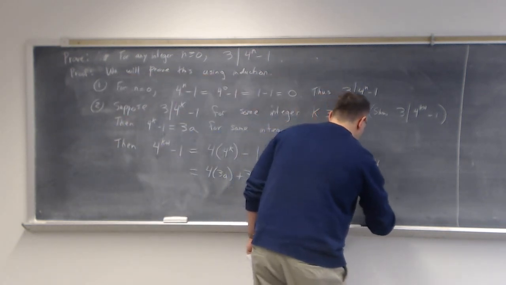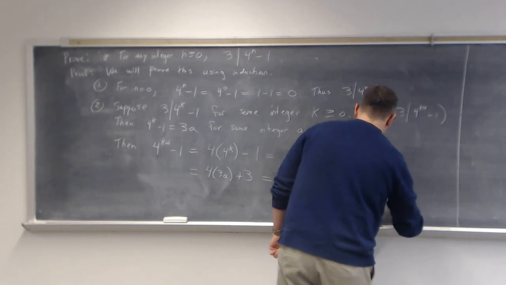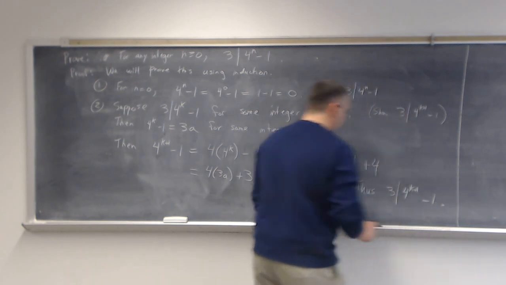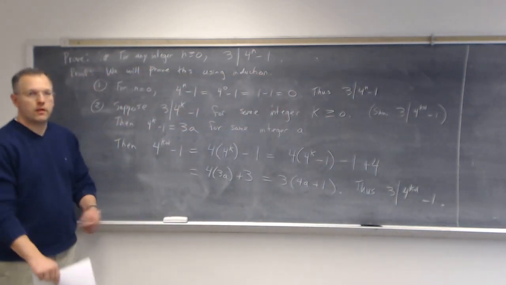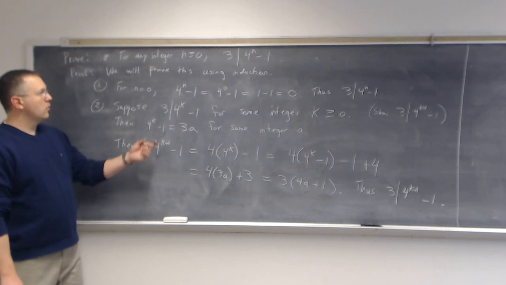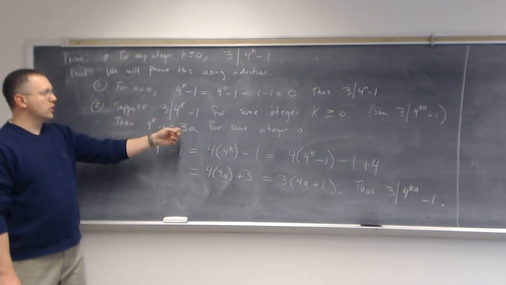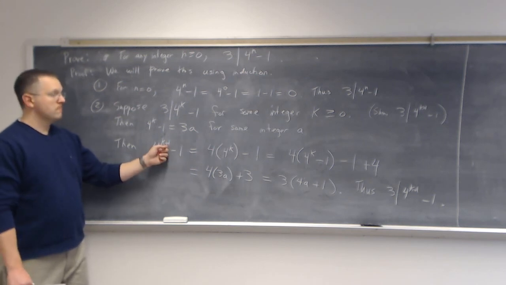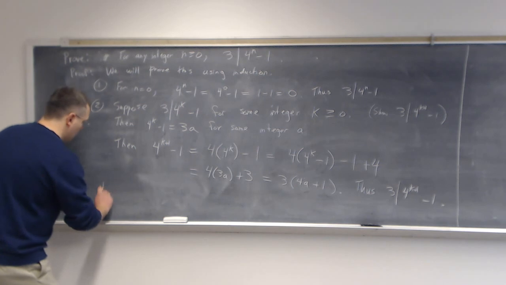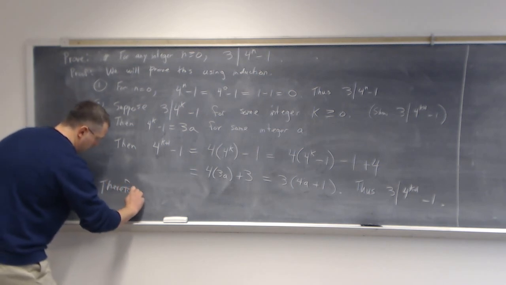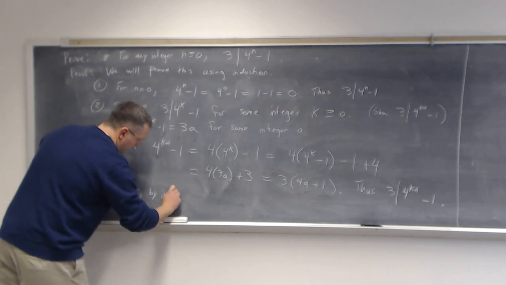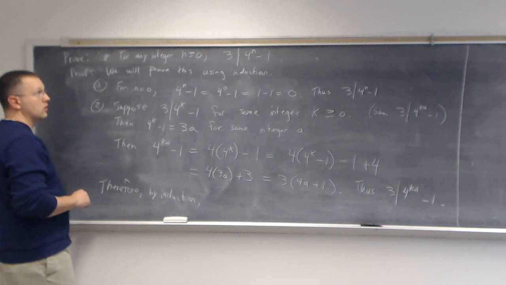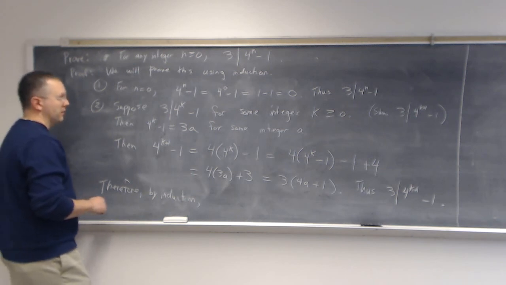So, thus, 3 divides 4 to the k plus 1 minus 1. Okay? So we're done with the inductive step. We've shown that it's true when n equals 0. We show that if it's true for any integer, it's also true for the next one. Therefore, by induction, the statement is true for all non-negative n.